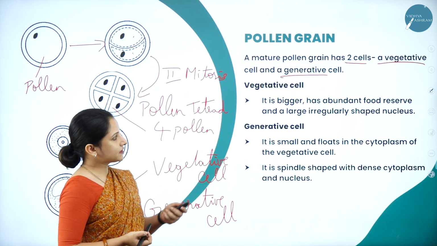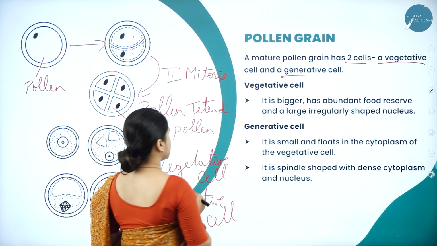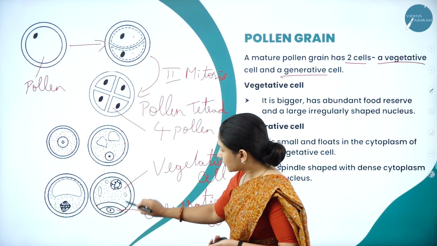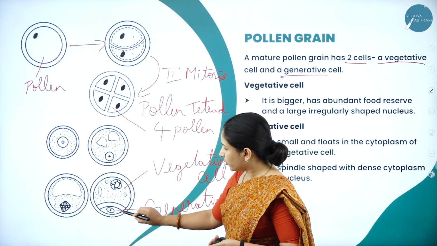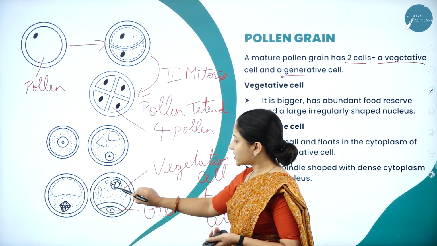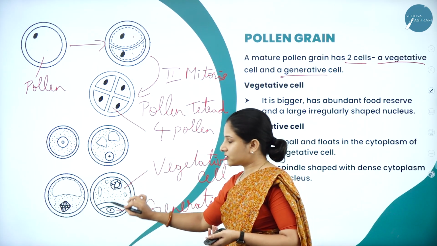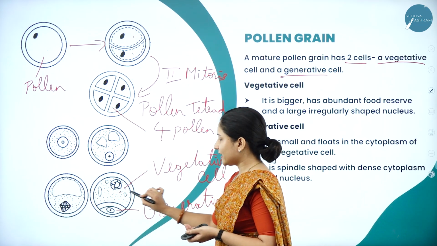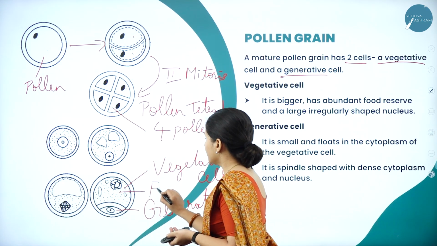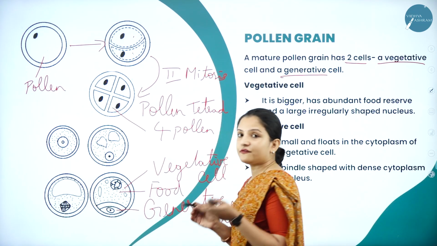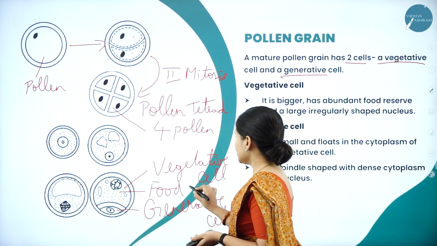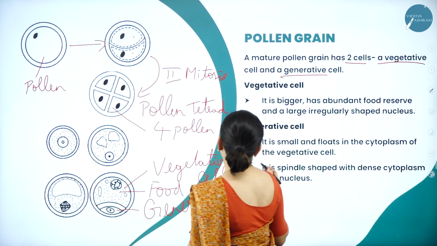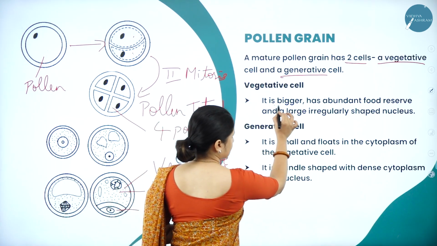The vegetative cell is bigger. Can you see here? When you compare the vegetative cell with the generative cell, the vegetative cell is bigger and the generative cell is smaller. The vegetative cell contains an abundance of food material. So it is a food reserve.